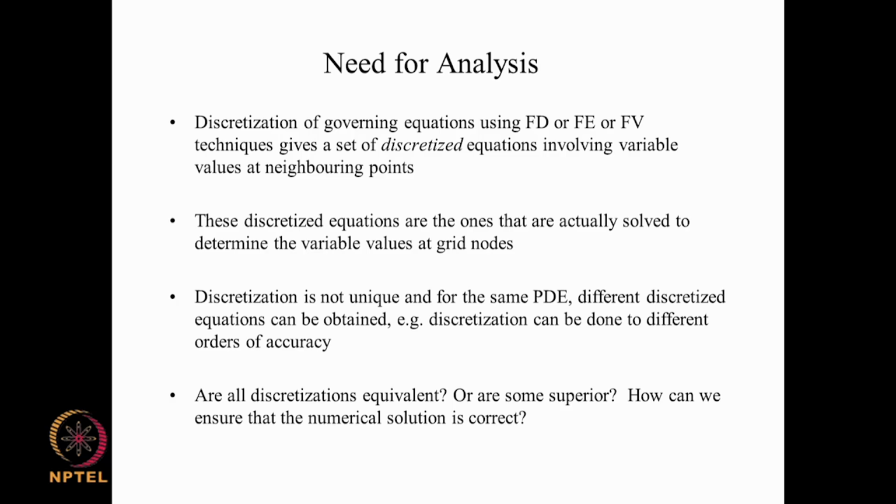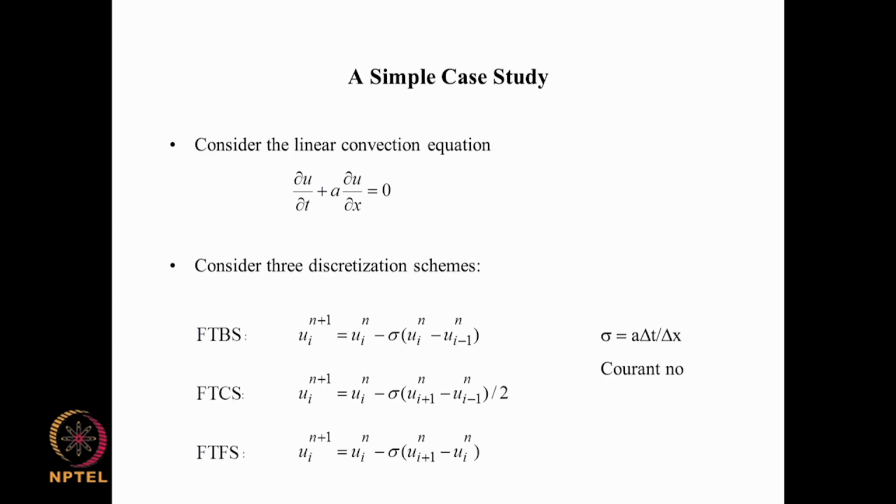The questions that we wanted to answer were: are all the discretizations equivalent, are there some discretizations that are superior, and how can we tell that we will have a numerical solution which is correct. We tried to answer these questions by taking a simple case of the linear convection equation or the linear wave equation, ∂u/∂t + a ∂u/∂x = 0, and we considered the explicit difference schemes: forward in time backward in space, forward in time central in space, and forward in time forward in space.